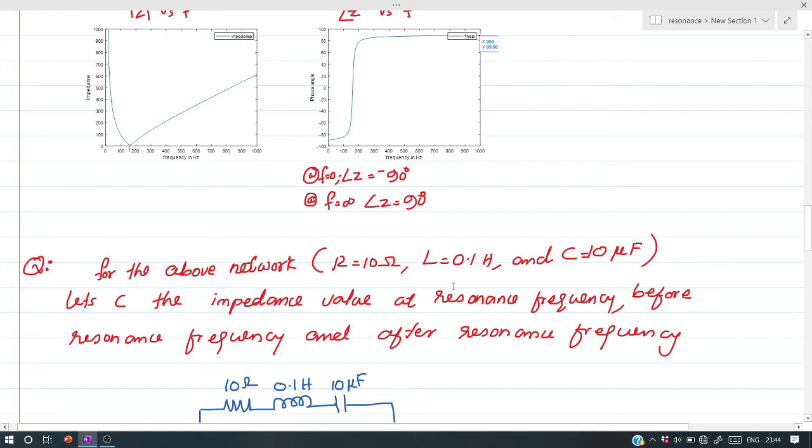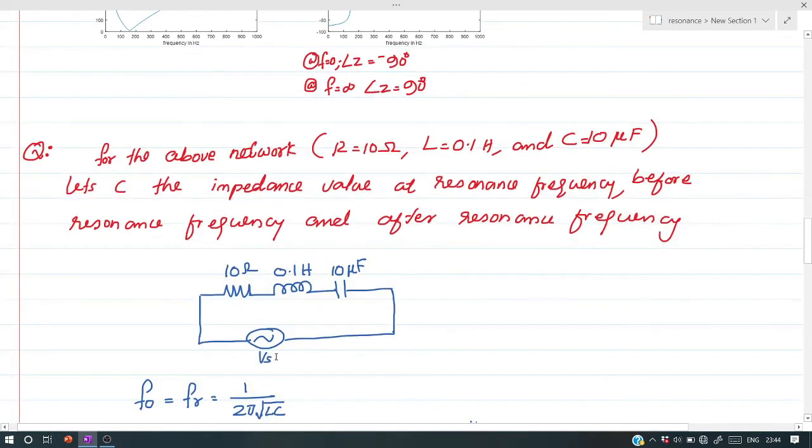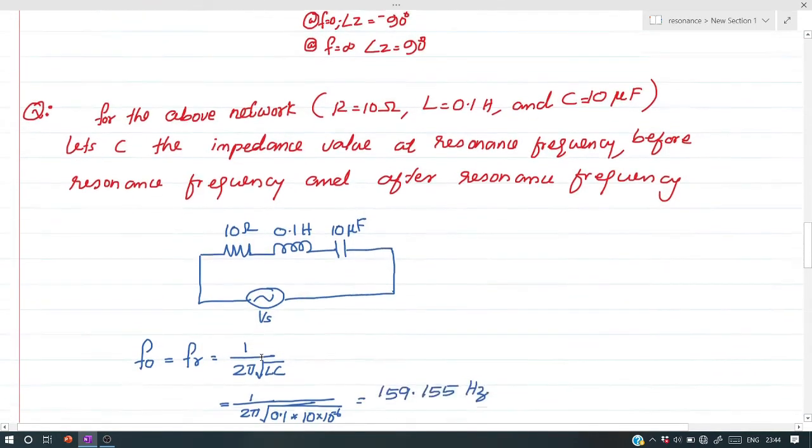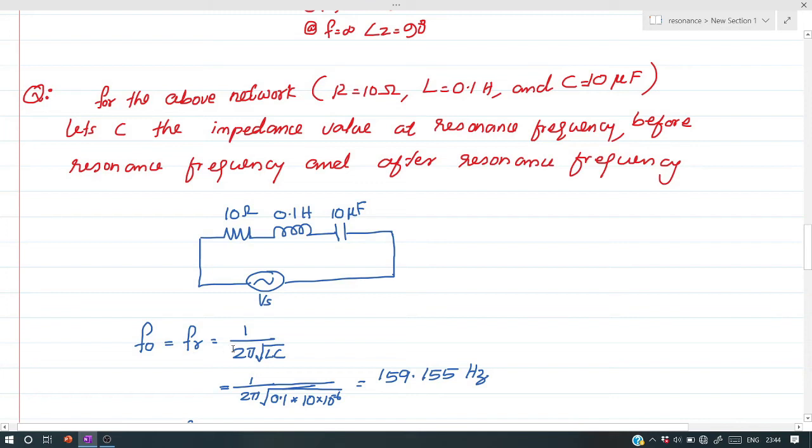Now let's see one simple problem. For the above circuit, R is equal to 10 ohm, L is equal to 0.1 Henry and C is equal to 10 microfarad. Let's see the impedance value at resonance frequency, before resonance frequency and after resonance frequency. So this is the circuit where Vs is the AC supply voltage. We know resonance frequency Fr is equal to 1 by 2 pi root LC.